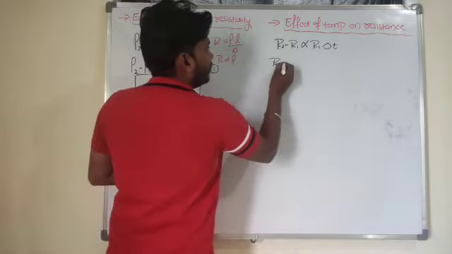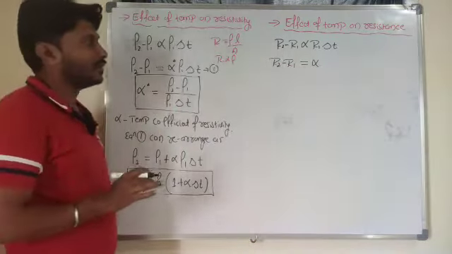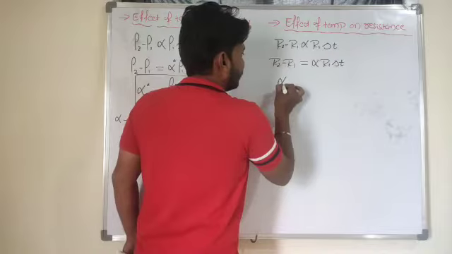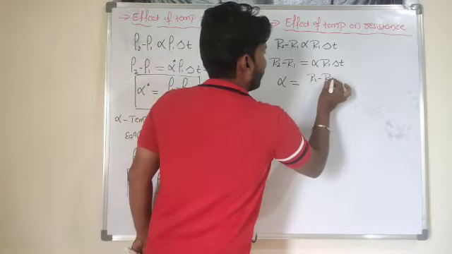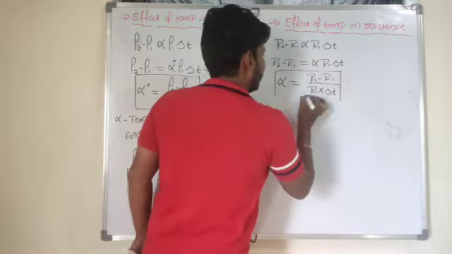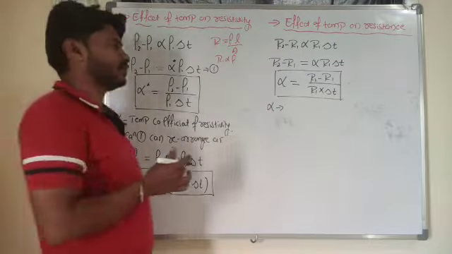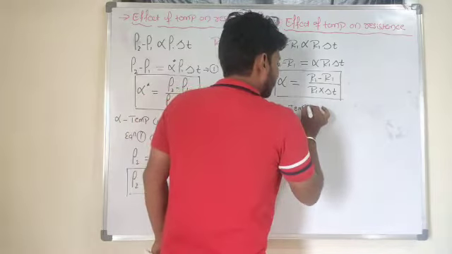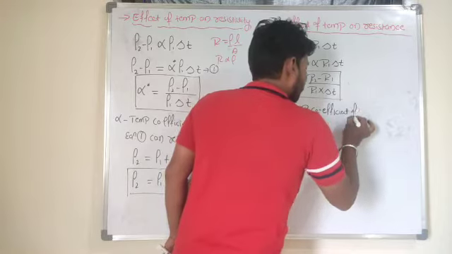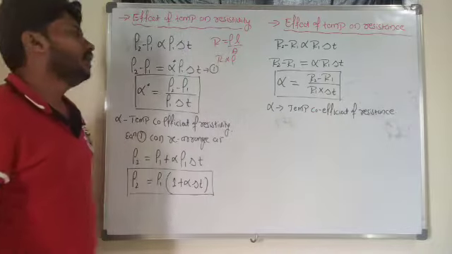If I remove the proportionality sign, I get the proportionality constant alpha, so alpha into R1 into delta T, where alpha is equal to R2 minus R1 divided by R1 into delta T. Alpha represents the temperature coefficient of resistance.